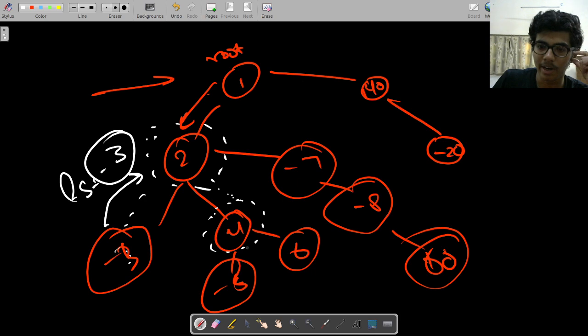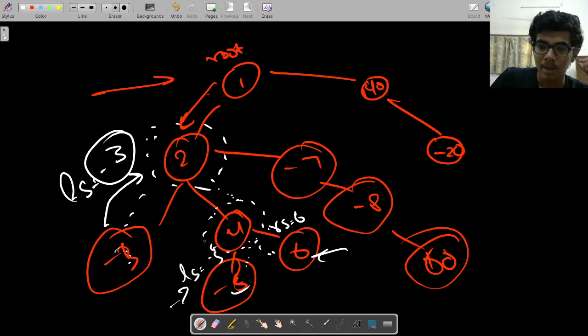Okay, so when it comes over here, it will see that it has two nodes, but one of them is 6 and one of them is minus 5. Since both of them are leaf nodes, it will return the value. So it will give the right subtree as 6 and left subtree as minus 5.